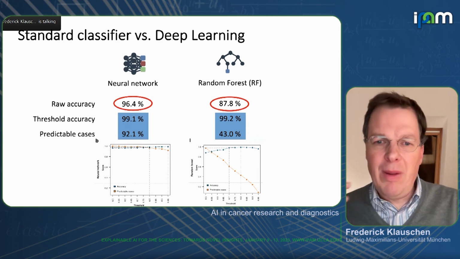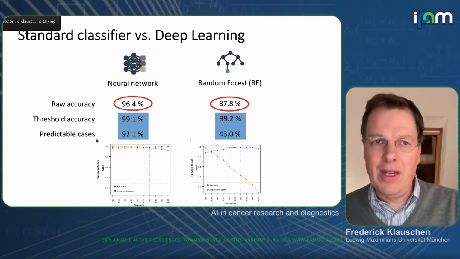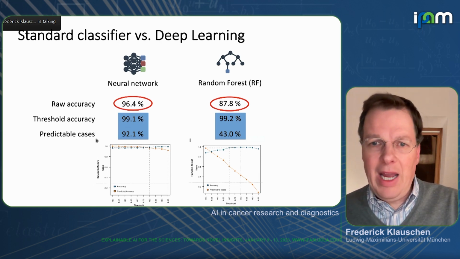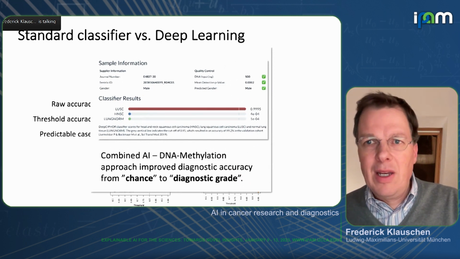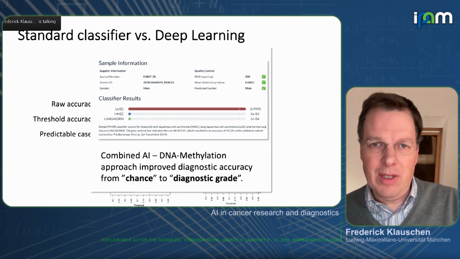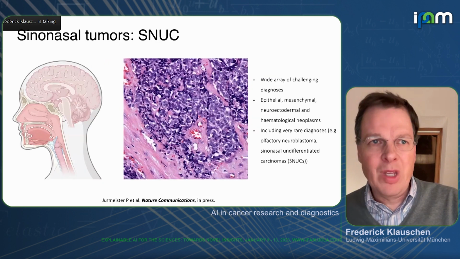So basically from flipping a coin to really high diagnostic accuracy with a proper combination of AI and molecular analysis. And that is something we are already applying in routine diagnostics, and it has changed the diagnostic situation drastically.